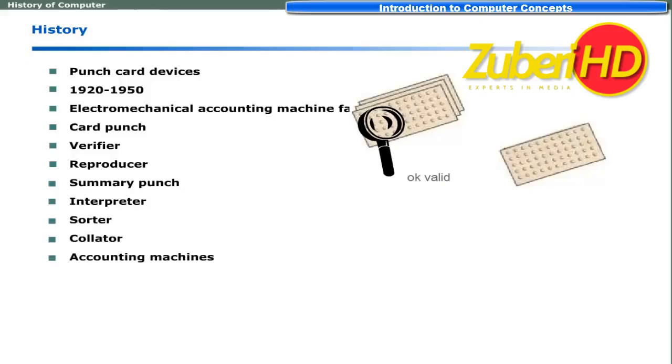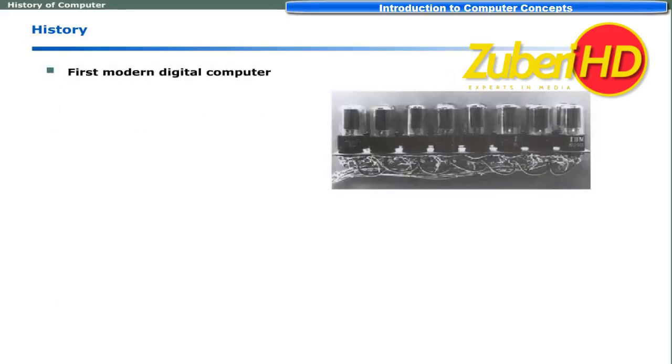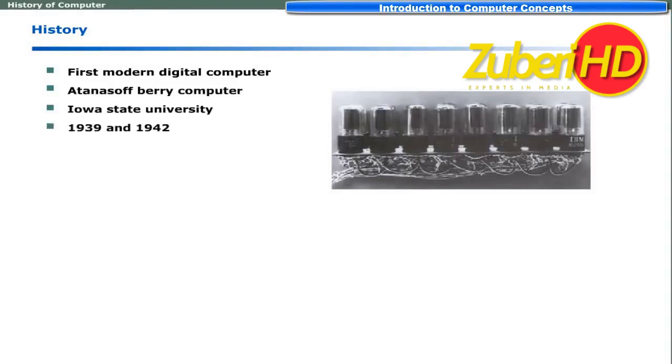These machines were very large, heavy, and required physical labor to operate. The first modern digital computer, the Atanasoff-Berry Computer, was built on the Iowa State University campus between 1939 and 1942.